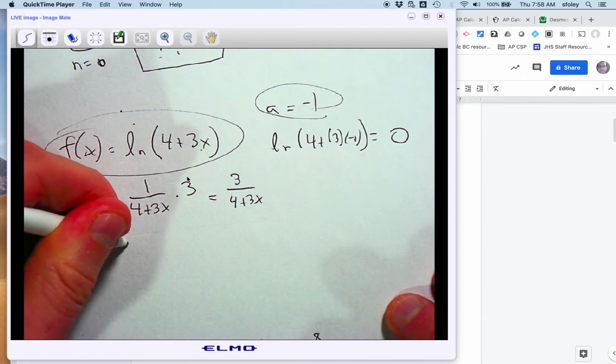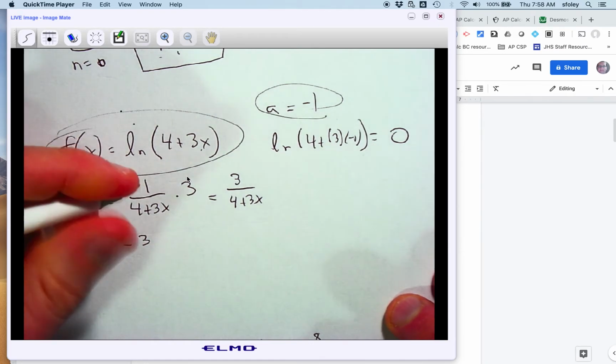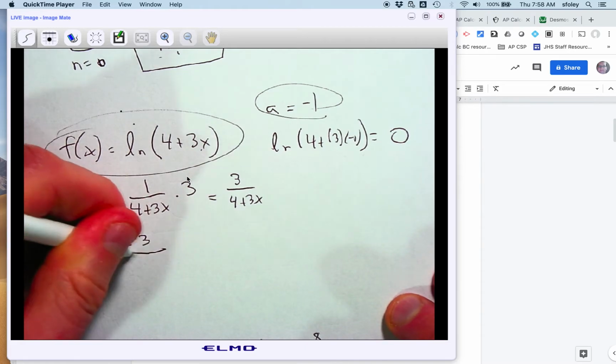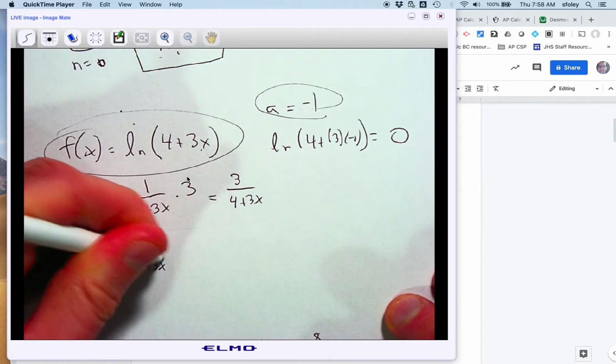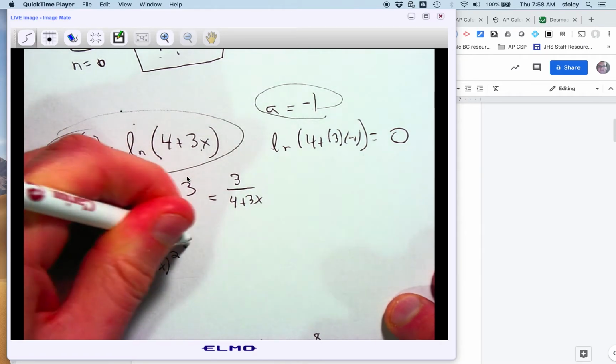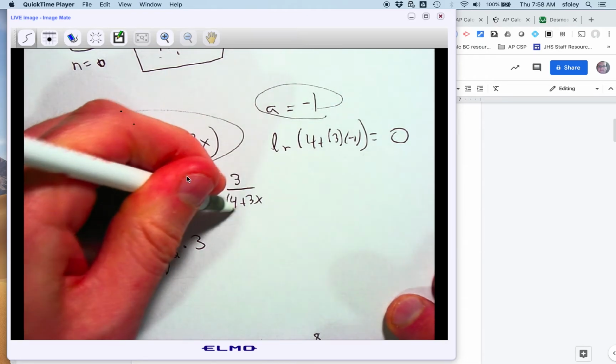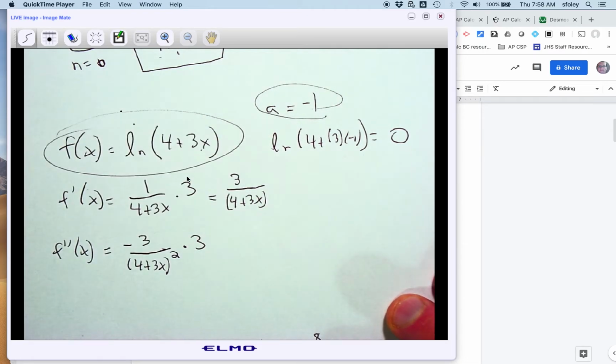And so that negative comes down, turns that 3 into a negative. And then I get 4 plus 3x to the -2, so squared on the bottom, and then times 3, again, right from the chain rule, because I have that 4 plus 3x being sort of my inside function.